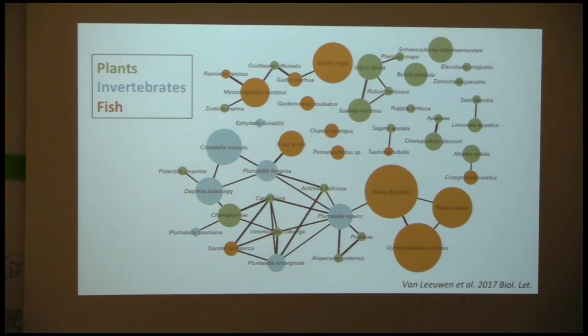And then we tried to get an overview of how the relationships were. This is a network analysis between the plants in green, the plant species, and then the invertebrates in blue, and the fish in orange, to see if there were particular relationships between fish always eating particular plants and then the cormorants eating those fish.